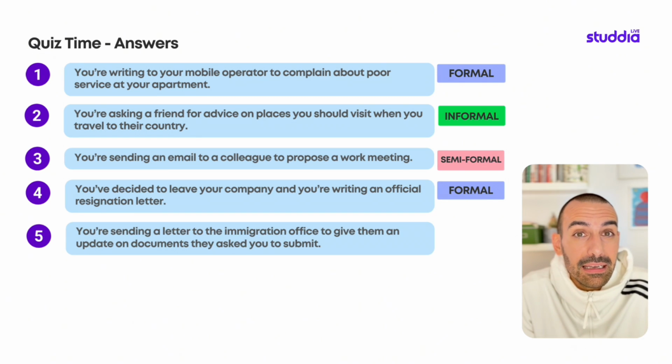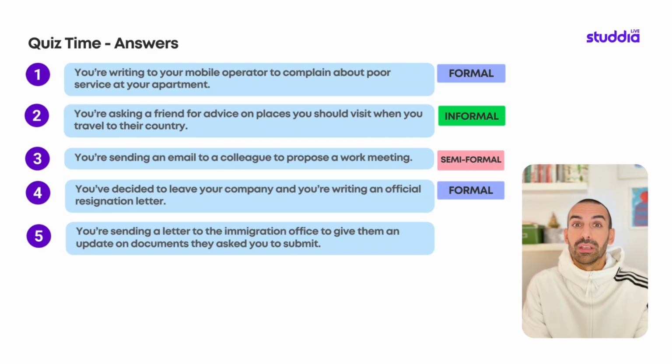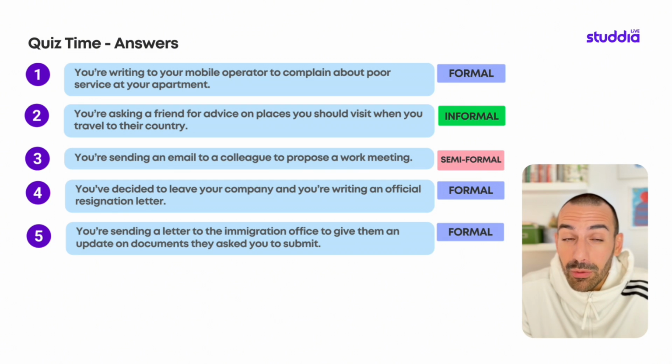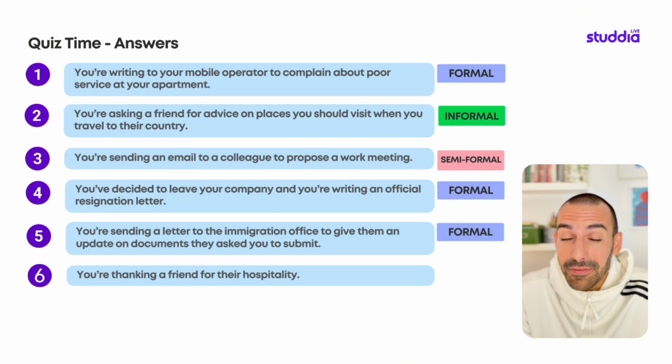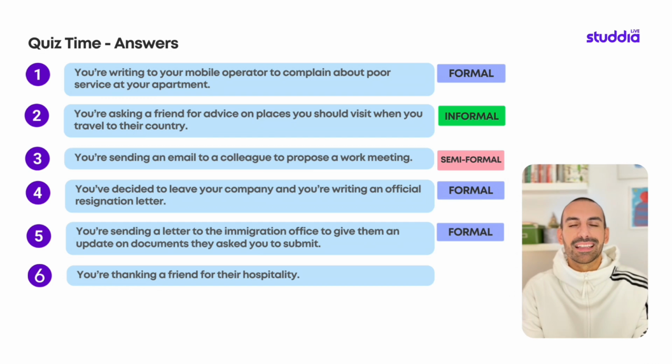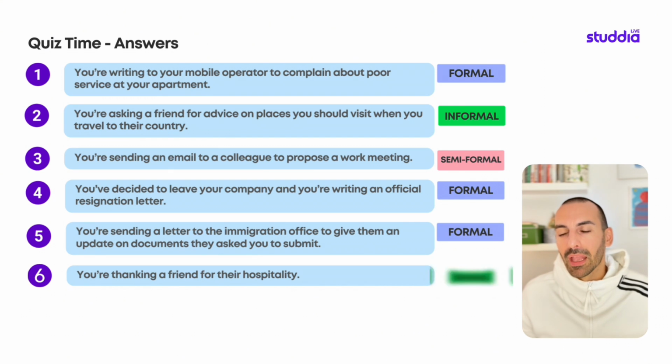Next, you're sending a letter to the immigration office. So you're communicating with an institution. That's definitely going to be a formal letter. In the following situation, you're thanking a friend for their hospitality. There's a friend involved. We don't need to know about the situation. That's definitely an informal one.